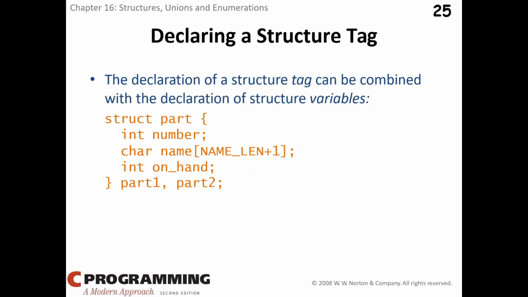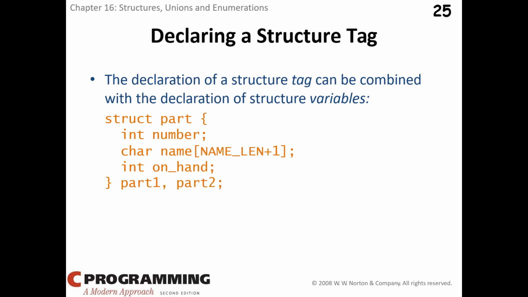When we are declaring a structure tag, we can simultaneously declare structure variables of that type. This allows us to define a structure and create variables of the structure type in a single statement. For example, in the code in the slide here, we declare a structure tag named part, and this declaration is immediately followed by the structure definition and the structure variables part1 and part2.